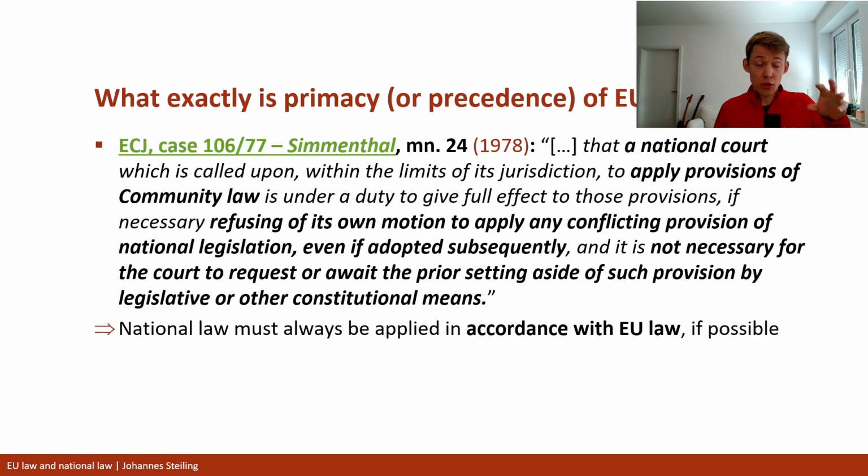So if EU law says one thing and the national law says another, but you can interpret it without going against the wording of the provision, then we have to interpret the national law in accordance with the EU law provision. Now, if the ECJ says you can't interpret, and this is a general legal rule, you can't go against the wording, contra legem, of a provision.